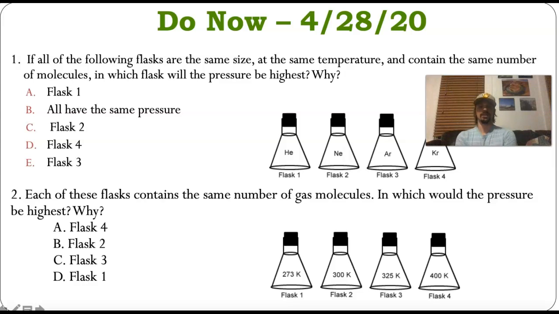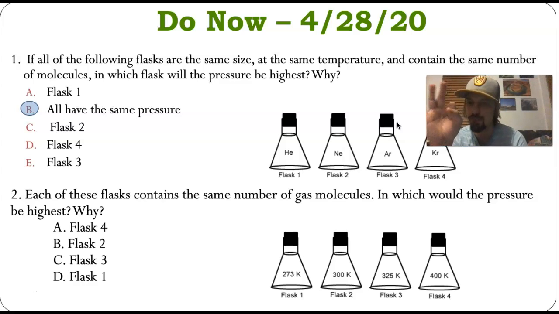All right. Number 1. If I have a bunch of different gases in different containers, all at the same temperature, and the containers are the same size, the pressure is going to be the same. Okay? So why is that? Why would that pressure be the same? Because remember, gas particles are so small. They're these tiny little particles flying around.